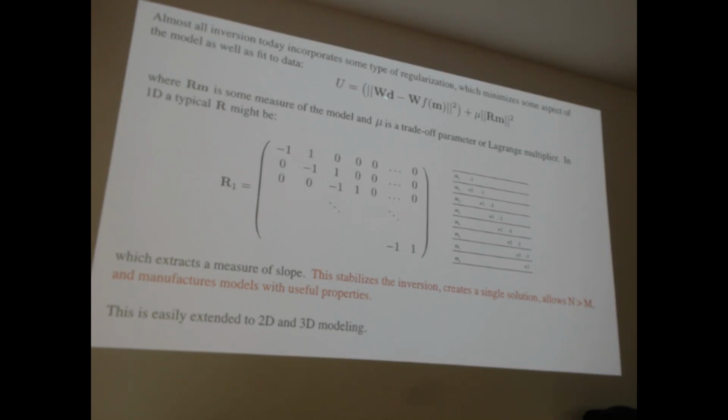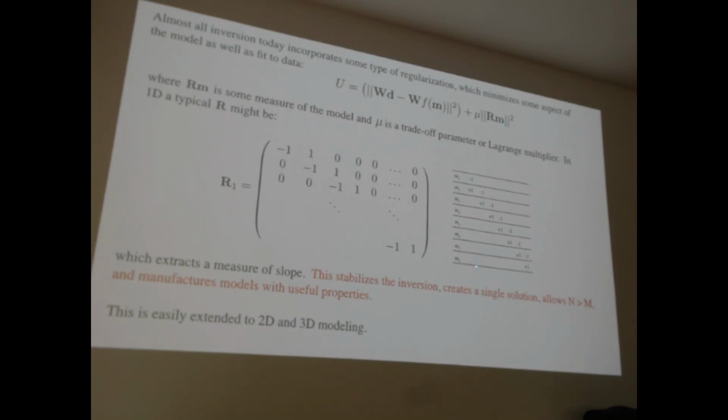So this is our model misfit, data minus model response, and we add to it some measure of the model roughness through this single constant called the Lagrange multiplier. So this is some matrix R extracting roughness from the model.